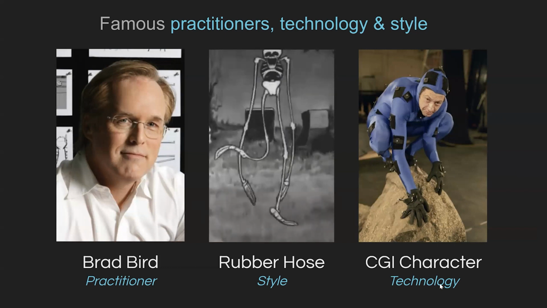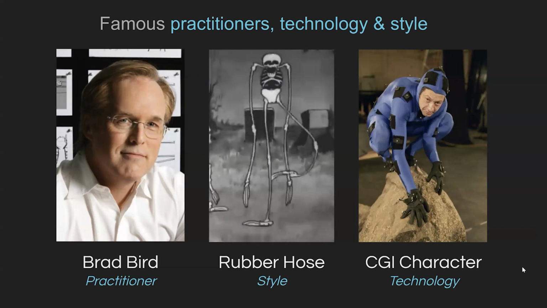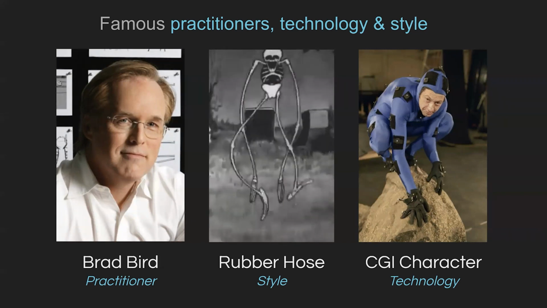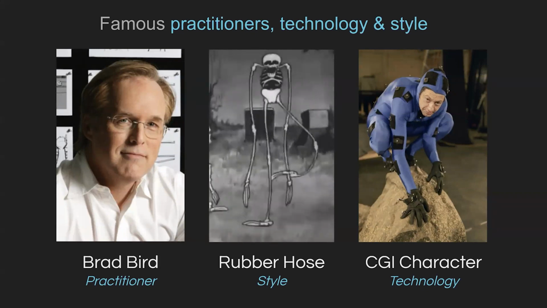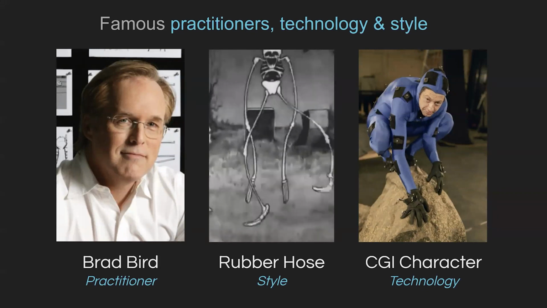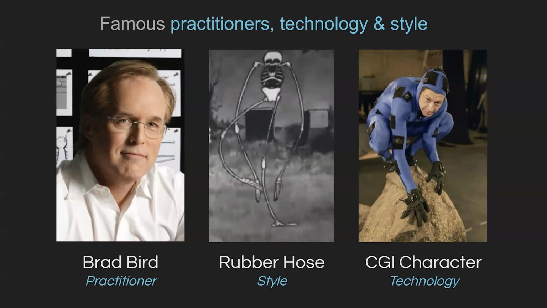And the technology we would talk about is the fact that Lord of the Rings included the first full CGI character, and that's our example of technology. Okay, so they're the couple of different themes that you need to hit as part of your timeline.